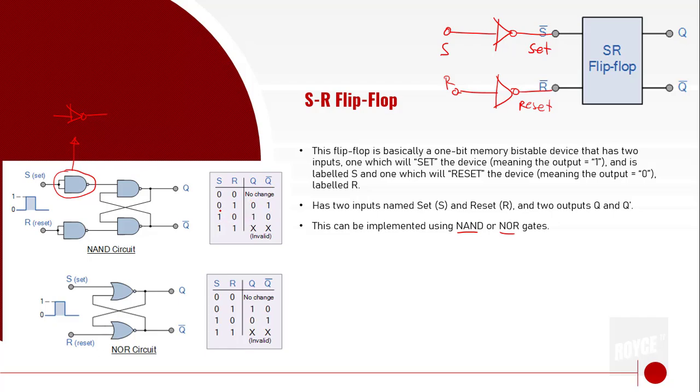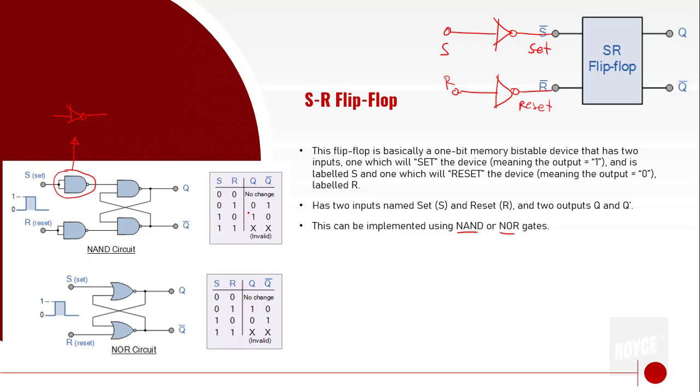So when I zero the S input, it becomes 0, 0. The output should be no change from its previous output. So if it was 1, 0 before, it stays 1, 0. If it was 0, 1, then the output should also be 0, 1. And if the S and R inputs are 1, 0, the output would also be 1, 0.